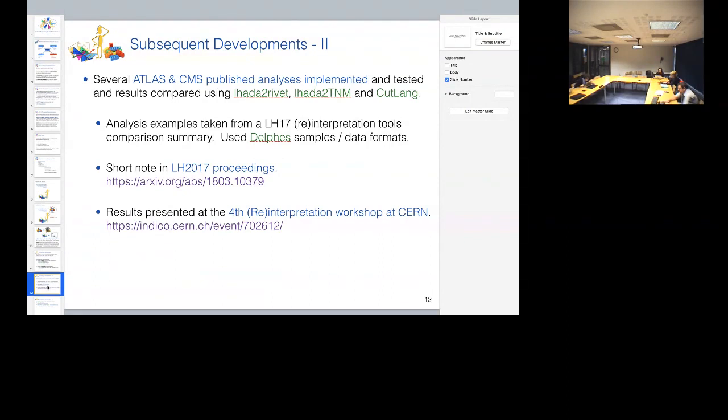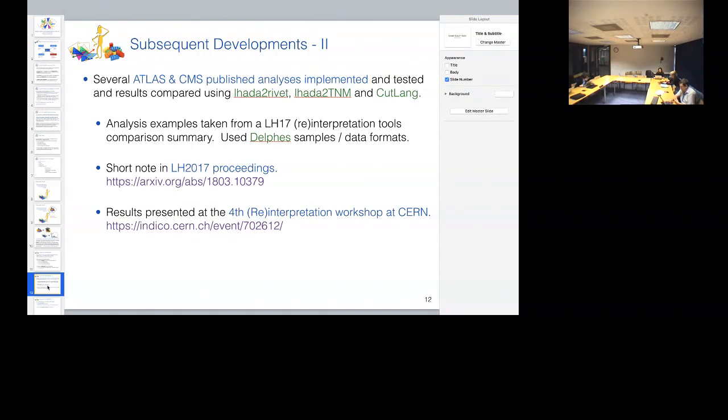And that is to say, write these analyses in the ADL or ADLs, and test them by running these either transpilers or the Cutlang interpreter on these ADLs, and show that we get results that are meaningful.